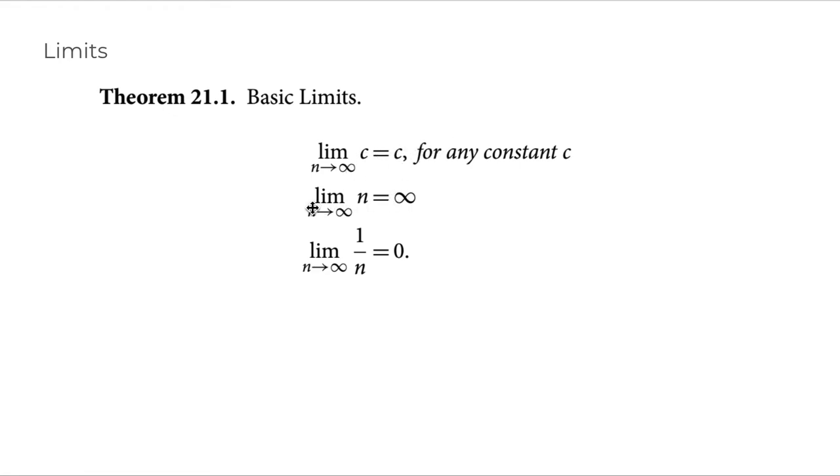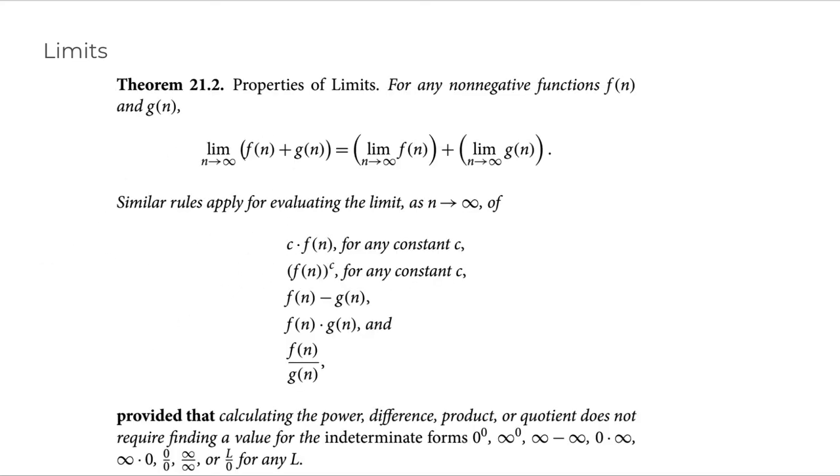But if you have the limit as n tends to infinity for n, then the value of n would tend to infinity, and hence the limit would be infinity. And similarly for 1/n, 1 by infinity would be 0, right? So if n tends to infinity, 1/n would give 0. These are very basic concepts of limits.